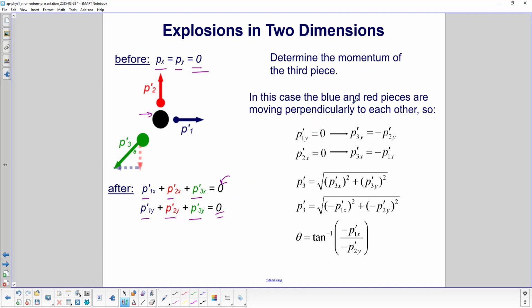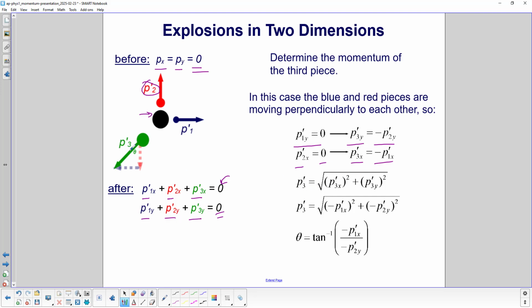Since the blue and red pieces are moving perpendicular to each other, p'1y equals 0, which means that p'3y has to equal minus p'2y. Then p'2x is equal to 0, right? Because here's p'2, it's just moving in the y direction, which means that p'3x is equal to minus p'1x.